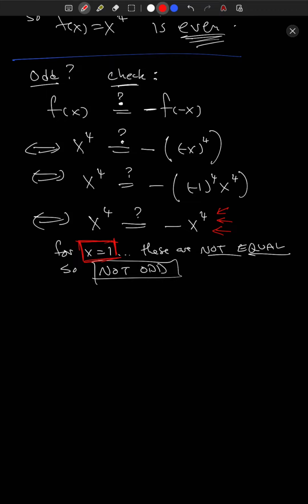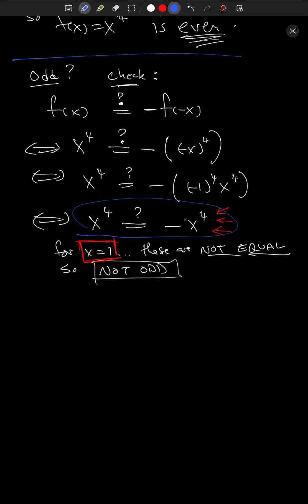Another comment here is that I chose to plug in x equals 1 at this final step right there, because I could recognize that it's not going to be odd at that point. And once I feel like it's not going to be odd, then I plug in a point to confirm that.